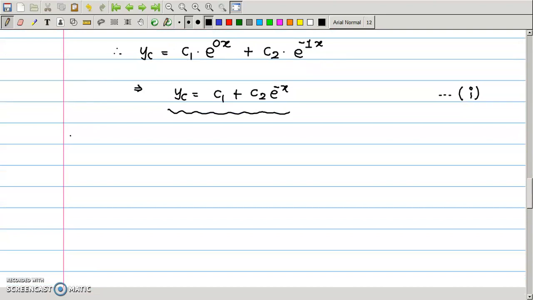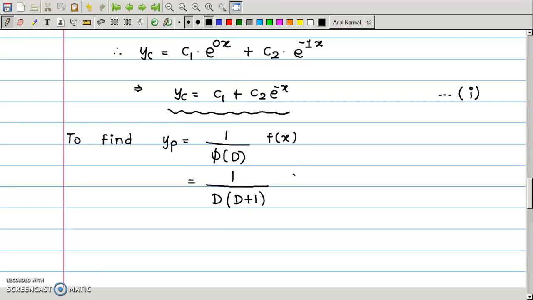Now, to find the particular integral yp, we have to operate the auxiliary equation on the function f of x. So we consider the auxiliary equation d into d plus 1 when operated on f of x.